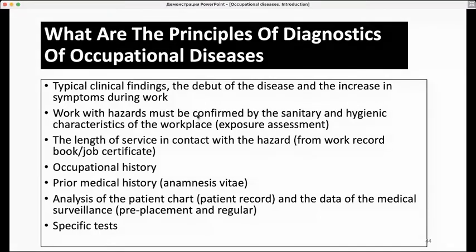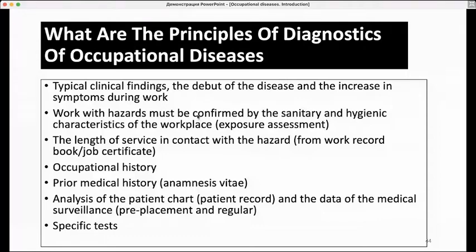Analysis of the patient's card or patient record and the data of the medical surveillance, pre-placement and regular, is necessary because it can demonstrate the gradual onset and the gradual increase of the disease severity. And in diagnostics, we also have specific tests to diagnose these diseases.